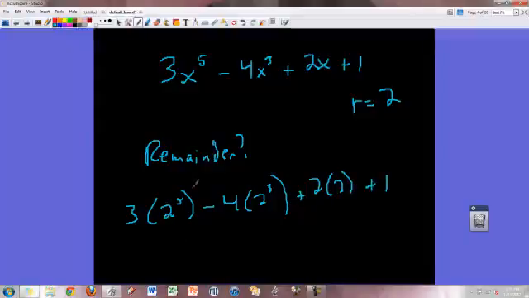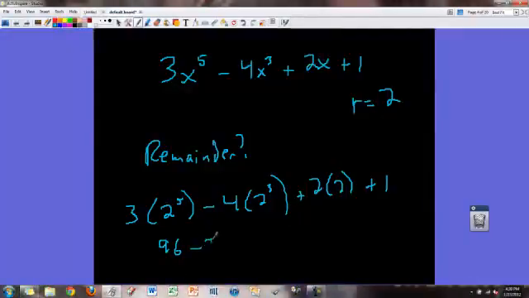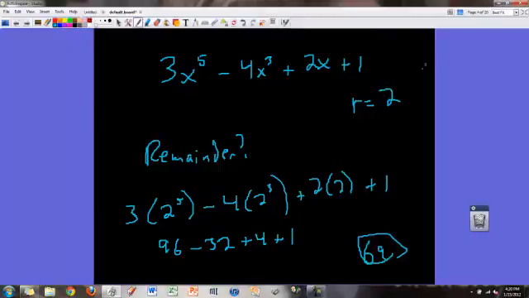So 2 to the 5th is 32, times 3 is 96, 2 cubed is 8, times negative 4 is minus 32, 2 times 2 is 4, plus 1: 64, 68, 69. That means your remainder value would be 69, when divided by x minus 2.